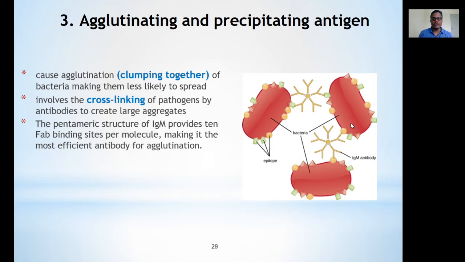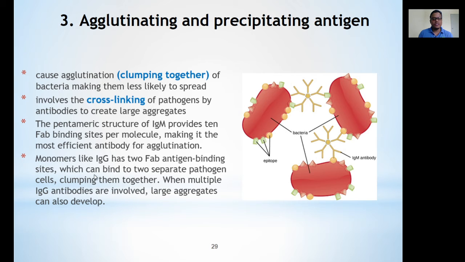We can observe here in the picture the pentameric structure of IgM. The majority of IgM consists of five antibodies attached together to form a pentamer, where they have 10 Fab, 5 times 2, making it the most efficient antibody for agglutination. So they will have 10 sites for attachment.